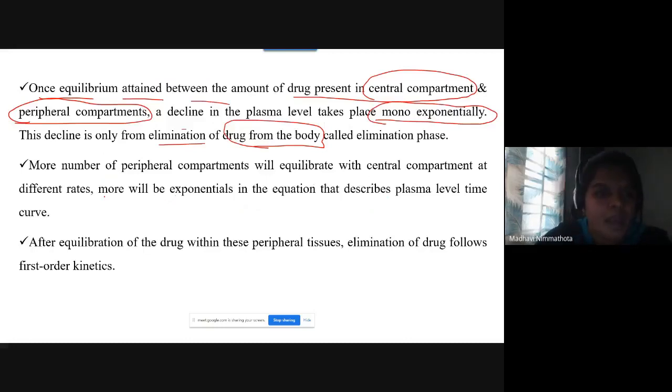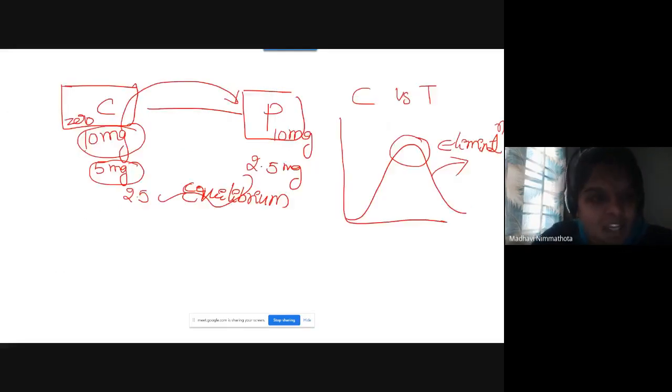Then more peripheral compartments will equilibrate with the central compartment at different rates, and more exponentials describe the plasma level curve. See here, we are transporting our drug to n number of peripheral compartments.